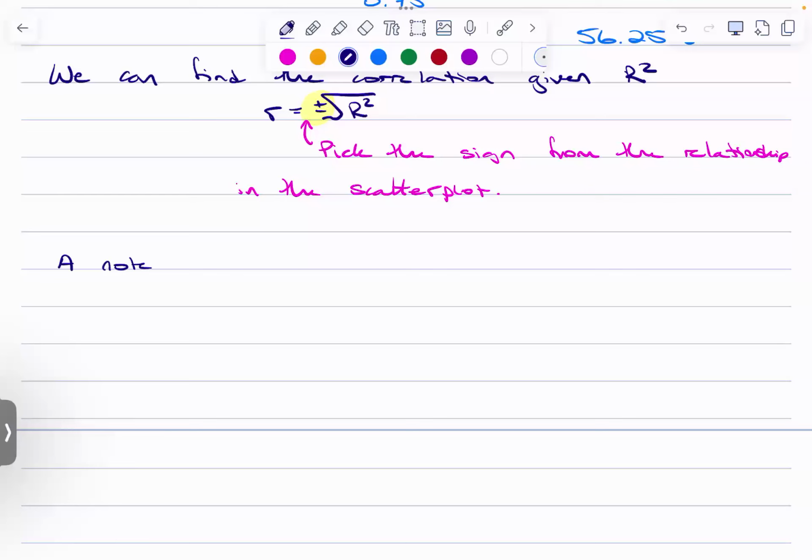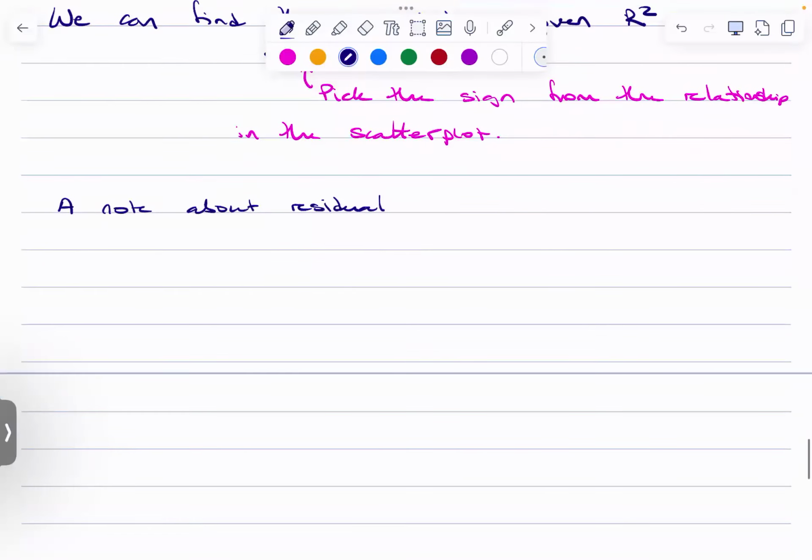A note about residual plots. They are a really common tool. A residual plot plots the residuals on the y-axis, and there are different techniques. In this textbook, she plots the predicted values, the y-hats, on the x-axis. I sometimes use just the x value.